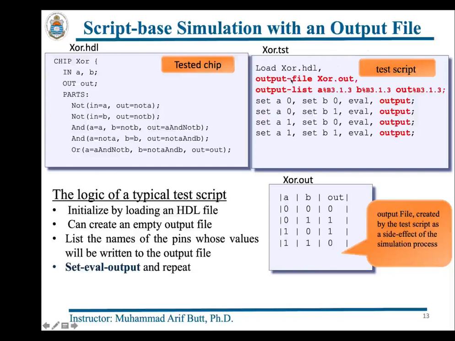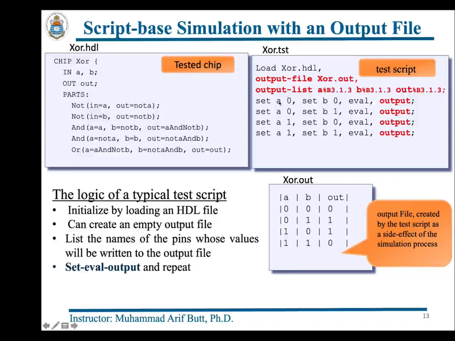This line says output-file XOR.out, that is, create an empty output file with the name XOR.out, and this line over here specifies the names of the pins whose values will be written to the output file. Here we want the values of the 2 input pins A and B, and the 1 output pin out, to be written in the output file XOR.out. And this %B and so on is actually the format specifier.